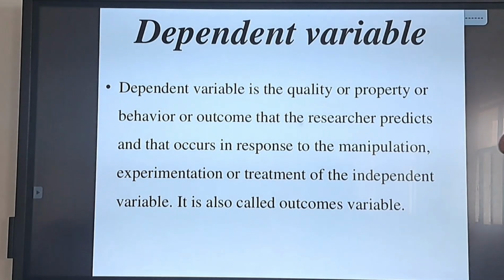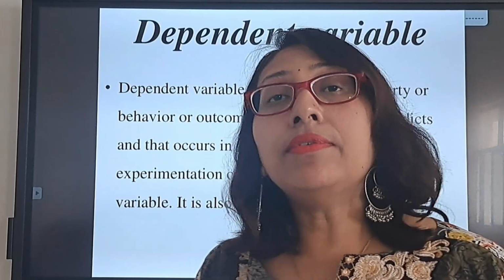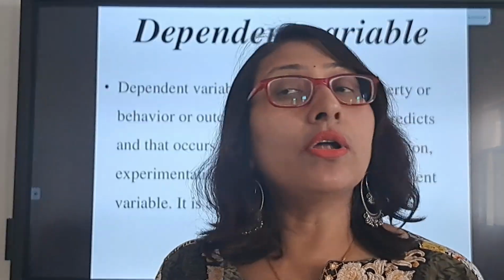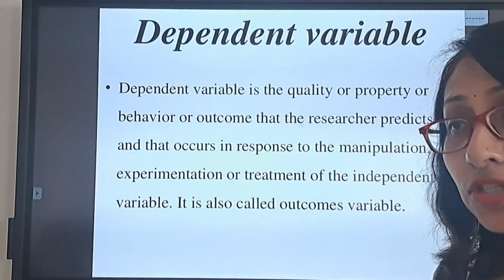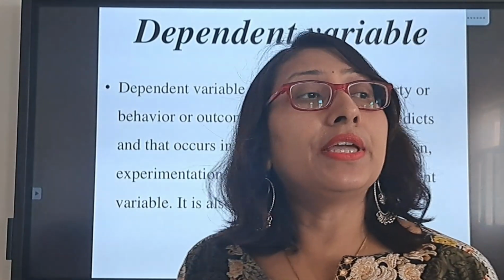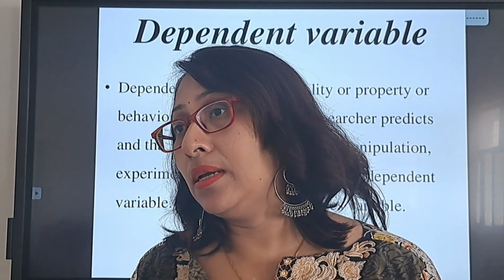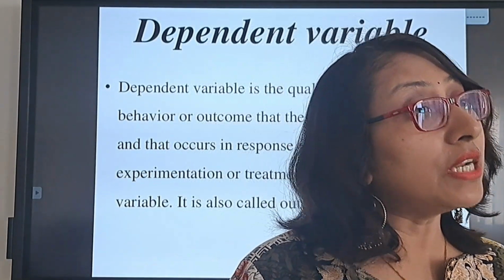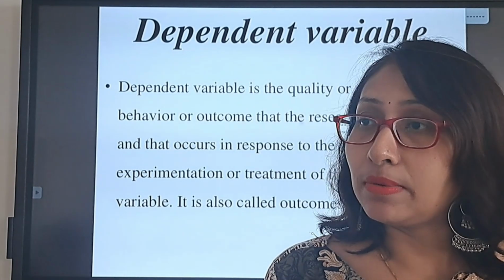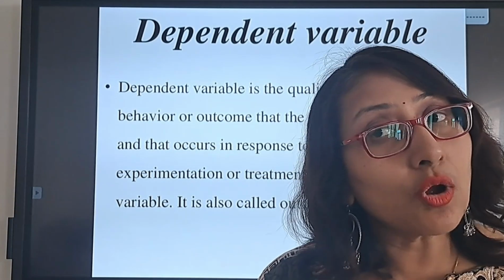Whether you give the independent variable in the form of treatment or in the form of experimental intervention, the dependent variable is also called the outcome variable. So the independent variable is the treatment variable or research variable, and the dependent variable is the outcome variable. Why is it called outcome?